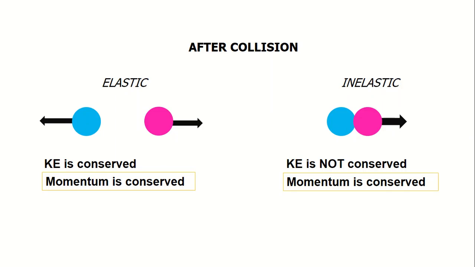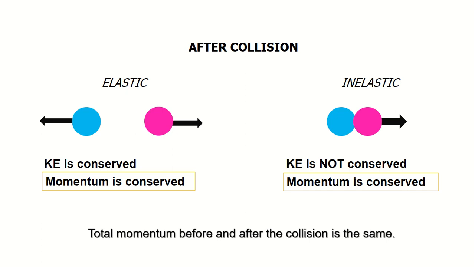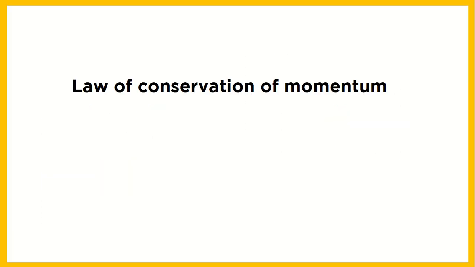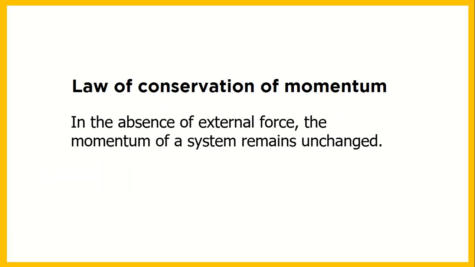But what is common between the two types of collision is that whether elastic or inelastic, the total momentum of the system before and after collision is conserved or stays the same. This is true as long as no external force is present, like for example friction or air resistance, which would slow down the motion of two colliding objects.